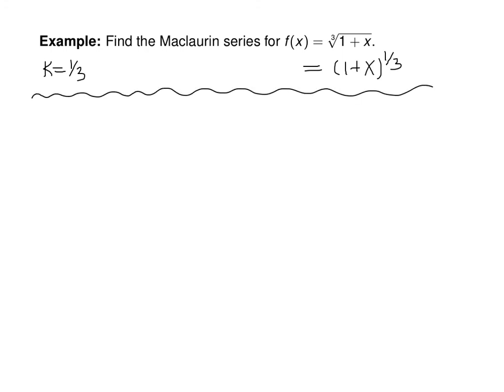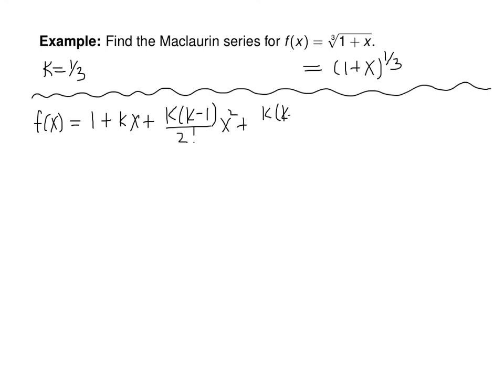Just to have it written down on this slide, recall that f of x for this k will equal 1 plus kx plus k times (k minus 1) over 2 factorial times x squared plus k times (k minus 1) times (k minus 2) over 3 factorial times x cubed, etc. If I ask you to do this on a quiz or a test, I will specify how many terms I want from you. I'll say list the first 5 or 6 terms. In this case, we're just going to do the first 5.